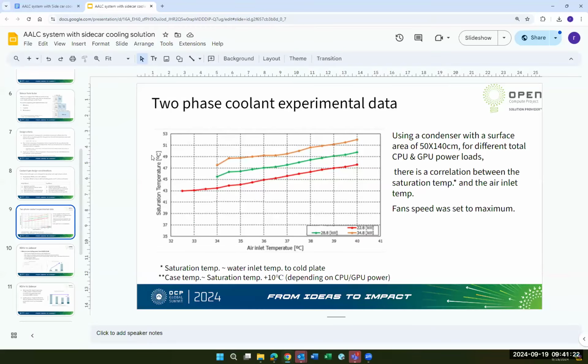But instead of a saturated temperature, is there any other parameter that we can use, like an inlet temperature of the liquid? In two-phase, the liquid temperature doesn't have any effect. It is related, but it doesn't have an effect on the cooling. Yeah, it's all about latent heat, right?